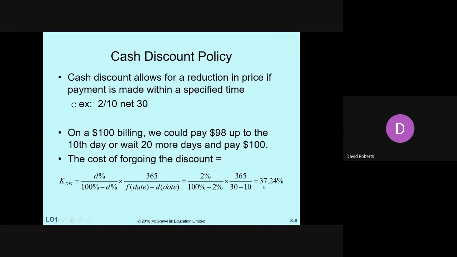And so that actually works out to an annualized rate of just over 37%. So if you think about it, 30 days minus 10 is 20. You divide that into 365, you get about 18. 2 times 18 is 36. So that's where the 37% comes from, which is more exact than my approximation method.